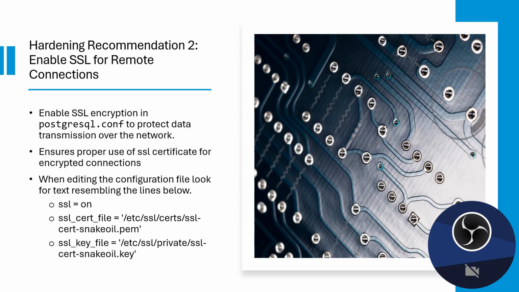When editing your configuration file, look for text resembling the lines below. ssl = on, ssl_cert_file = '/etc/ssl/certs/ssl-cert-snakeoil.pem', and ssl_key_file = '/etc/ssl/private/ssl-cert-snakeoil.key'.